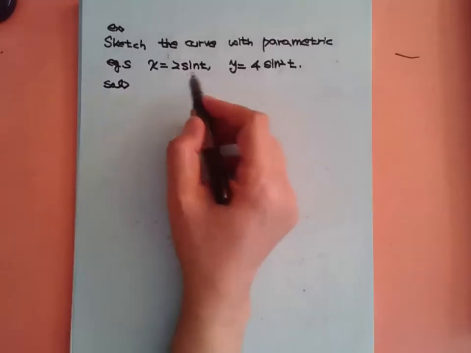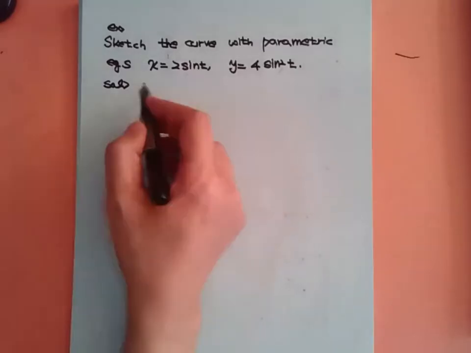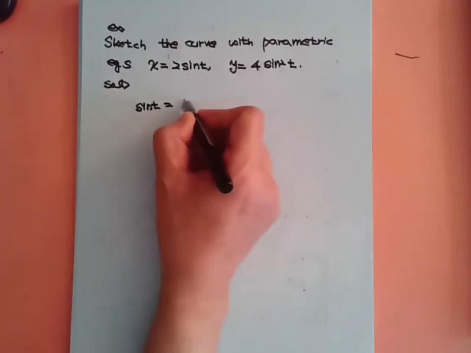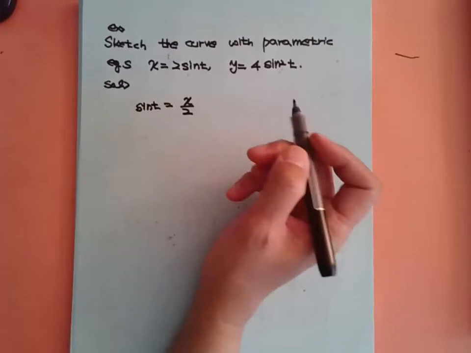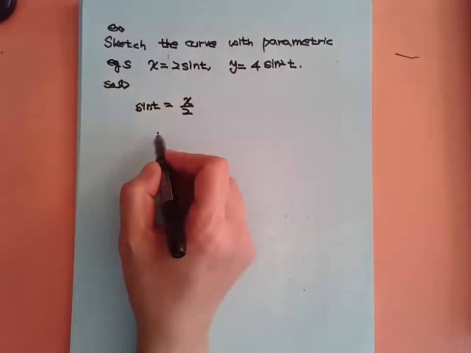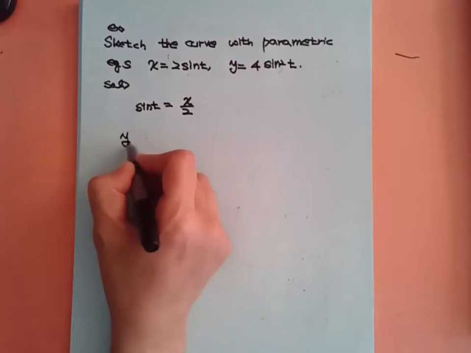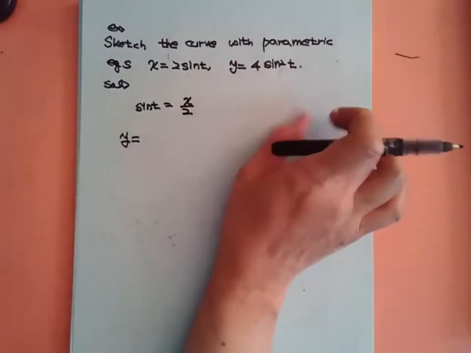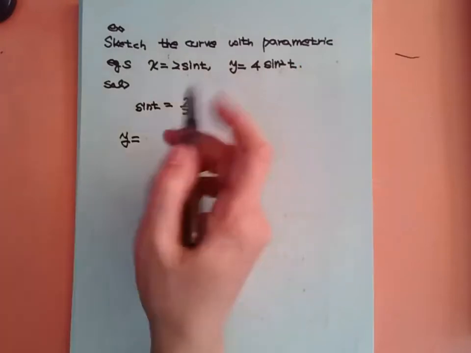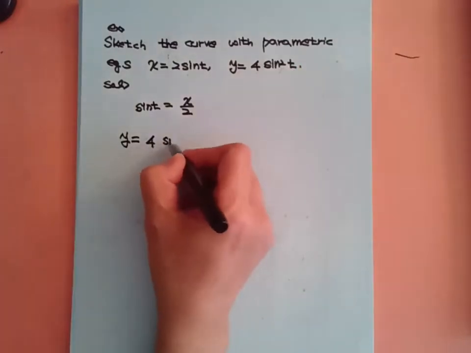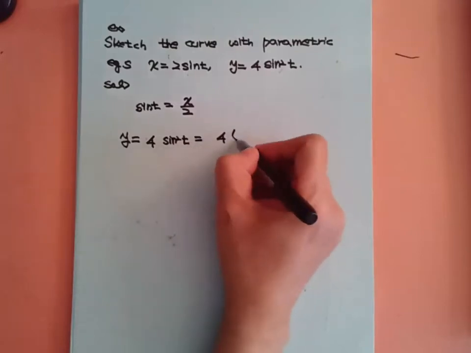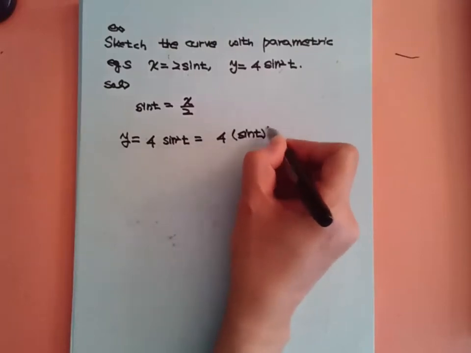But if you look at the equation here, then we can write sine of t equals x over 2. So what we can imagine is y can be written as a function of x. y is given as 4 sine squared of t, which is 4 times sine of t squared.